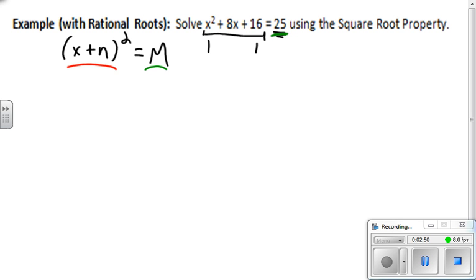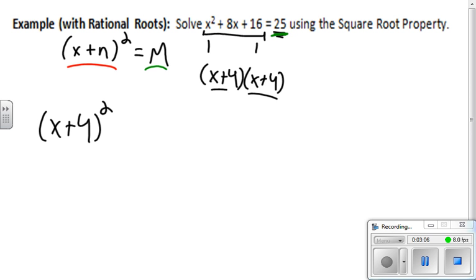We can factor this piece down into x plus 4 times x plus 4. Now from here we recognize it's x plus 4 times itself, or we can say x plus 4 squared. And from over here we have that it still equals 25. So now we have it in our x plus n squared equals m form.